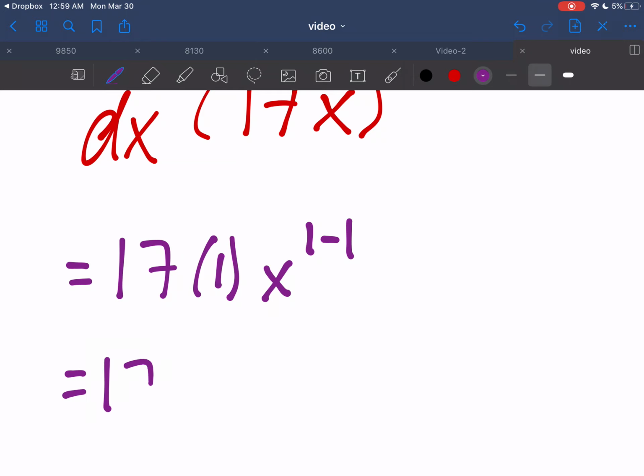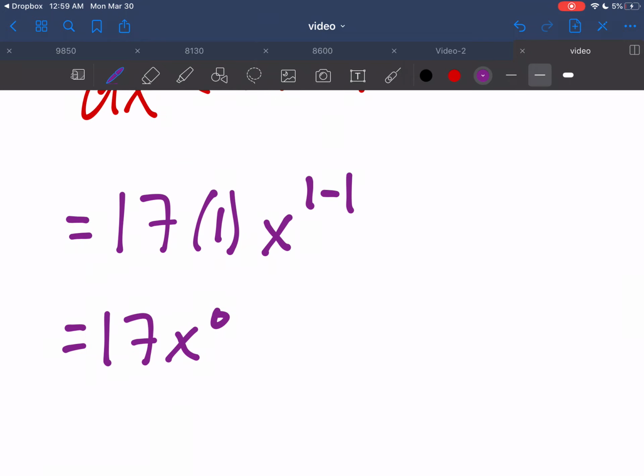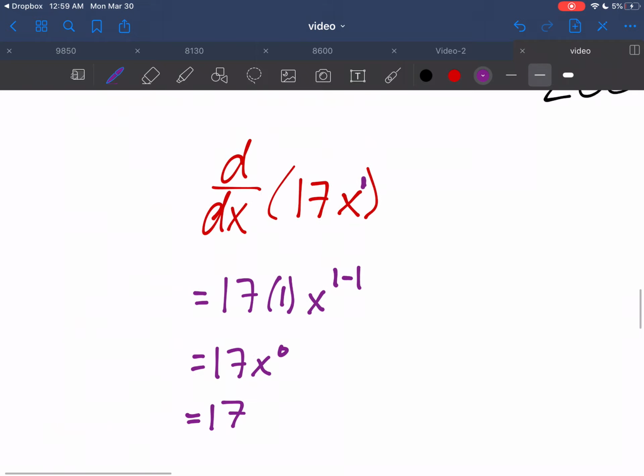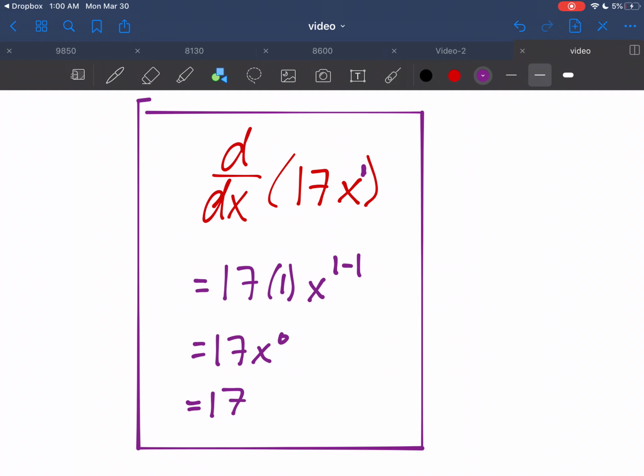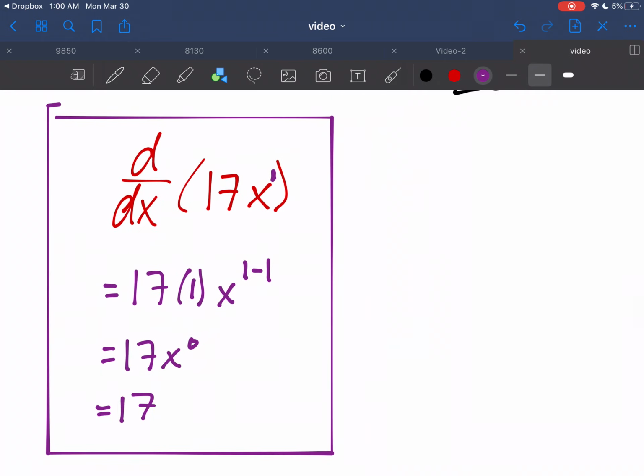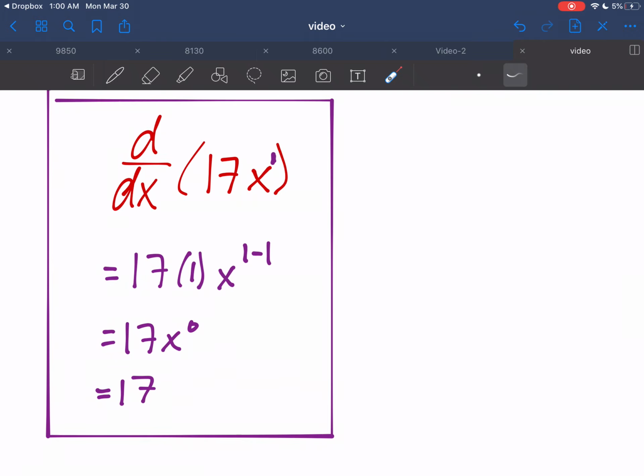So it's 17 x to the 0. x to the 0 is just 1, so this is just 17. So anytime your variable just has an exponent of 1, your derivative is just going to be whatever that constant is that you had to begin with.